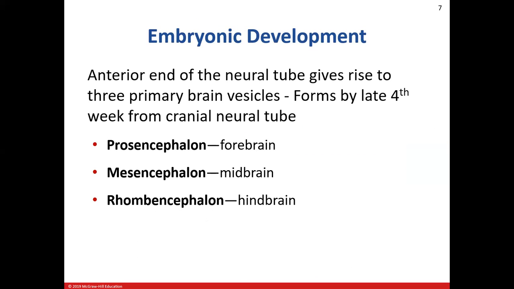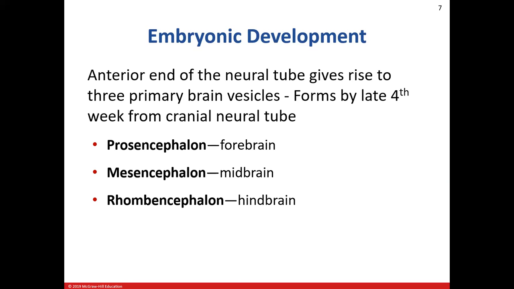As we continue to develop this embryonic tissue, we're going to see that the anterior end of the neural tube actually gives rise to the 3 primary brain vesicles. Now, these primary brain vesicles form by the late 4th week from the cranial neural tube cells. And those 3 primary brain vesicles are going to be the prosencephalon, the mesencephalon, and the rhombencephalon.